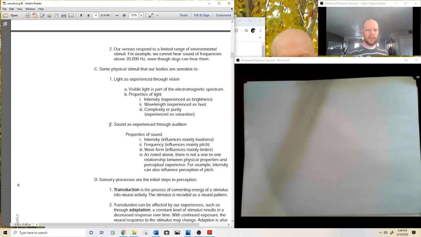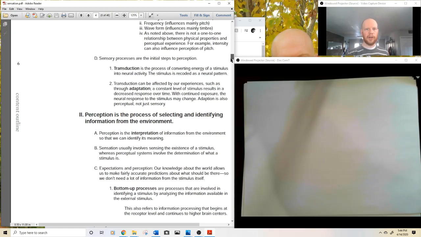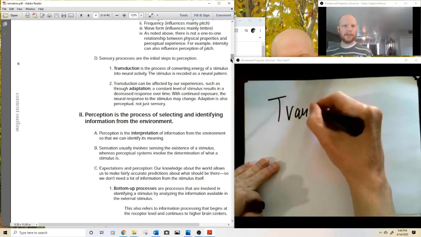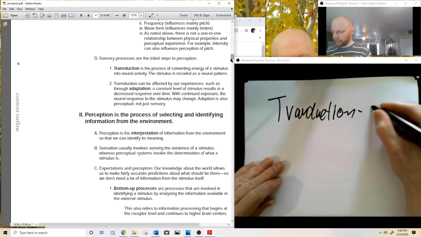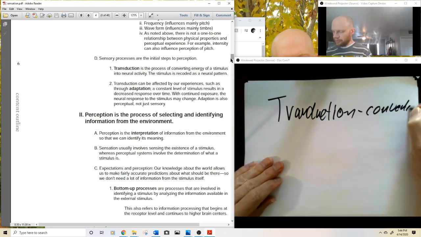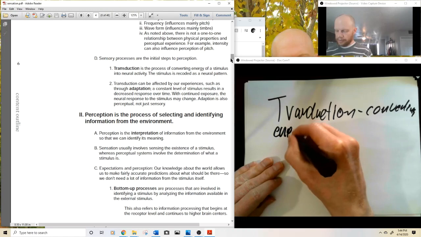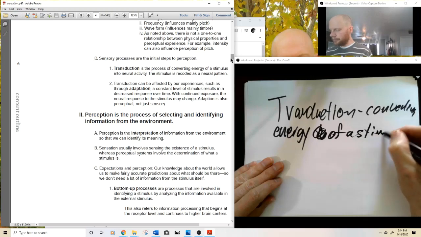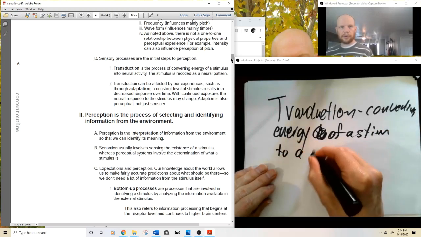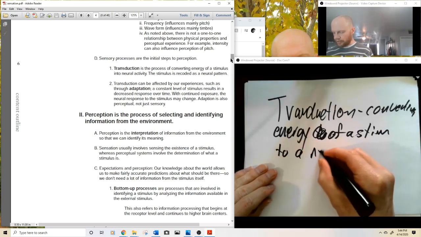So, what are the steps in perception? First off, there's a thing called transduction. This is converting the energy of a stimulus to a neural activity.